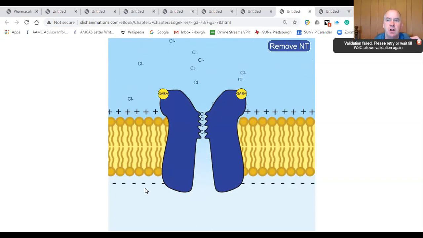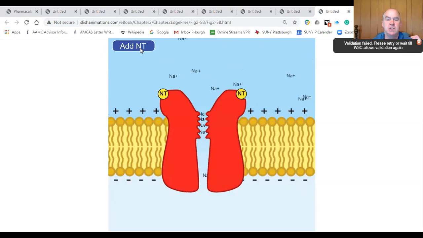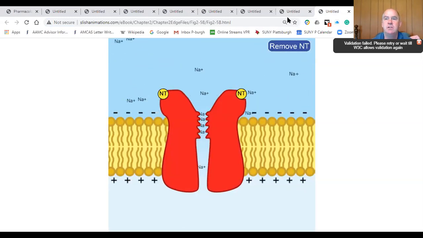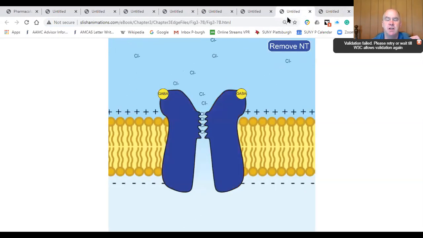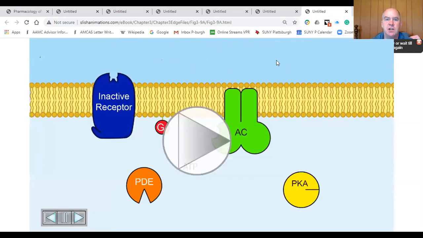The excitatory are like this: neurotransmitter, and then ions coming in. And our inhibitory are like this. And again, they're brief. They're just like a little bit of negativity, bring it back. A little bit of negative, bring it back. Positivity, negativity. So that is our ionotropic channels.